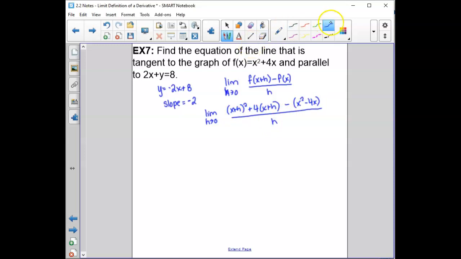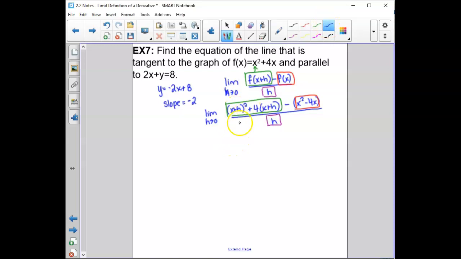And just to make sure you're following me here, my f of x plus h, I'm just plugging x plus h into this formula right here, so that's this part. And then my f of x is just this part right here, and of course we just keep this h right here in the denominator. So here I've got to simplify.